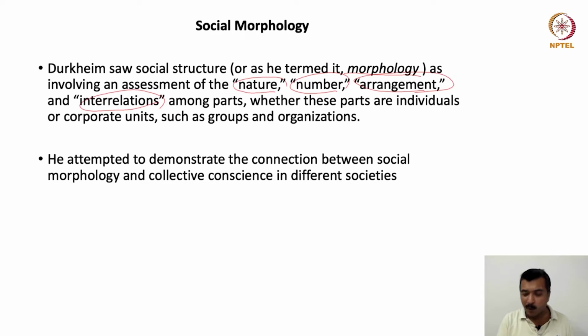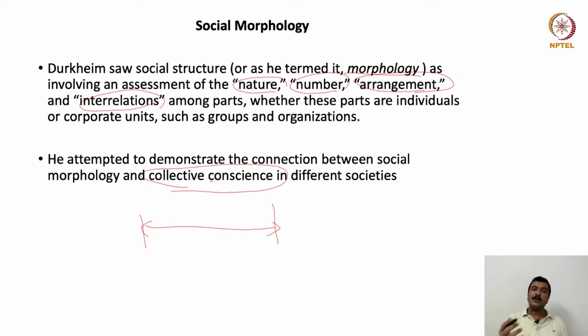He attempted to demonstrate the connection between social morphology and collective conscience in different societies. So here he is making a connection between the collective conscience on one side and the kind of social structure on the other.